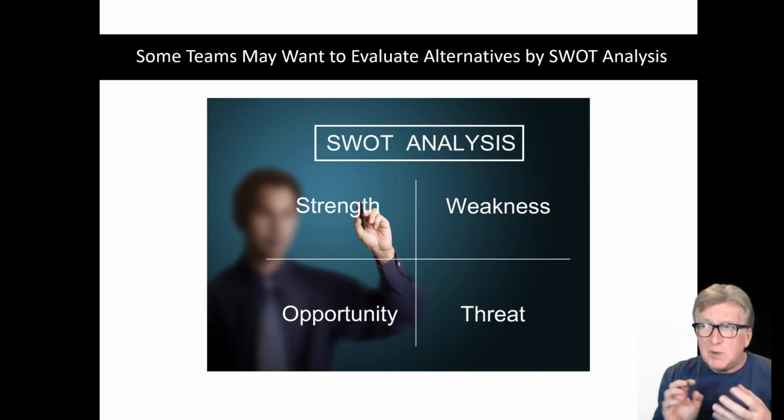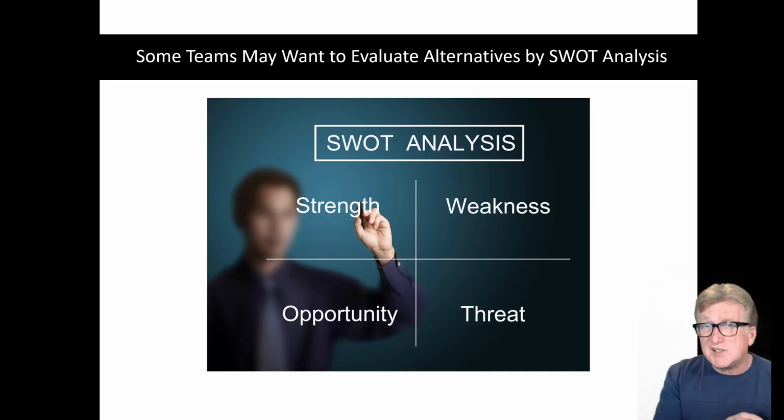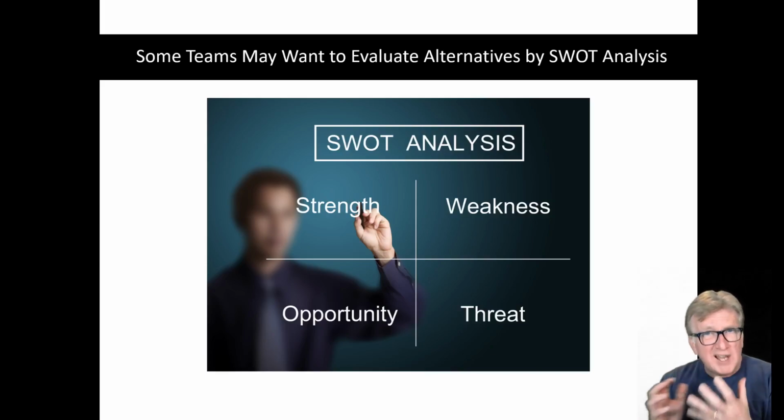Just as an example, we know microwave has lots of applications. When I walk towards a door of a grocery store and the door automatically opens, it's probably using microwave. So there may be some opportunities to use that on other applications on the farm, as an example. Threats, you may have something where there's a threat associated with that particular alternative.